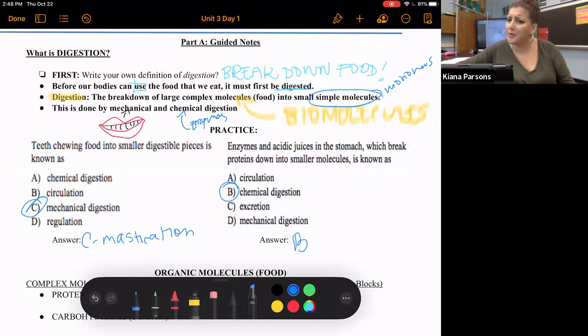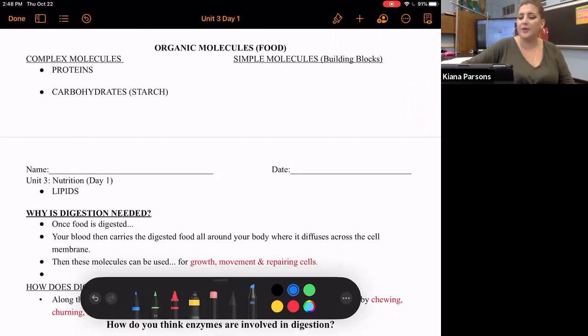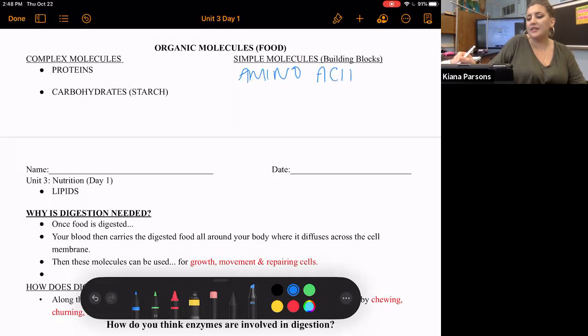So those are probably terms that you remember from middle school, but we're just starting off with Unit 3. So again, a little review from Unit 2. We have the complex molecule, proteins, and its building block or monomer is amino acids. We have carbohydrates or starch and their building block.